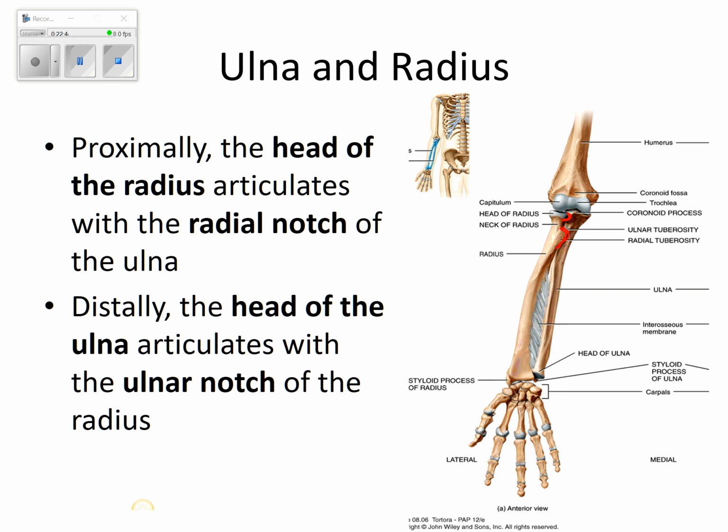Then distally, the head of the ulna is going to articulate with the ulnar notch of the radius. The head of the ulna is always distal. We don't make you label the ulnar notch.